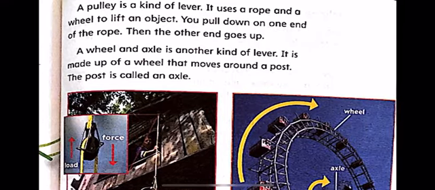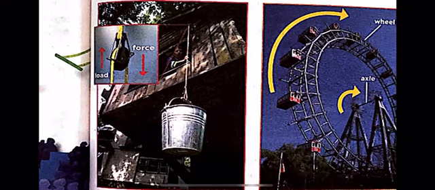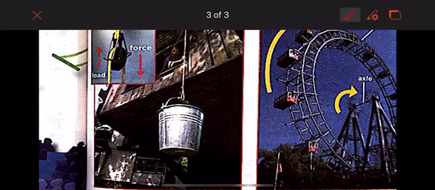Pulley. A pulley is a kind of lever. It uses a rope and a wheel to lift up an object. Like here, this is a pulley.